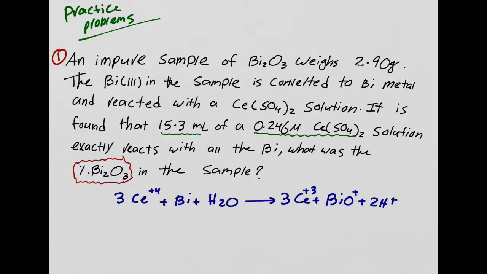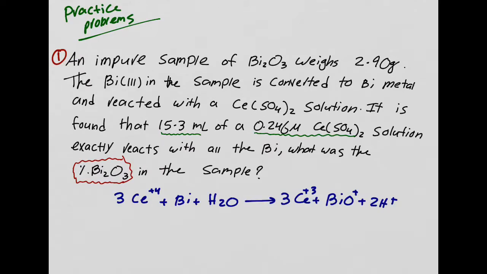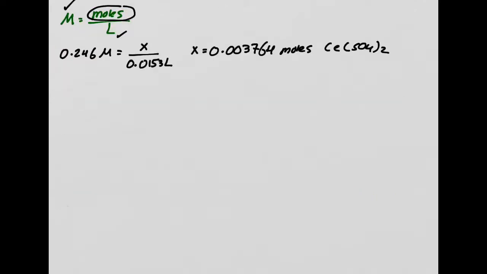Now remember, what I found is moles of cerium sulfate, but what I want is bismuth oxide, Bi2O3. This is what I have, and this is what I want. We talked about this. Every time they give you one thing but ask for something else, what do you have to use?